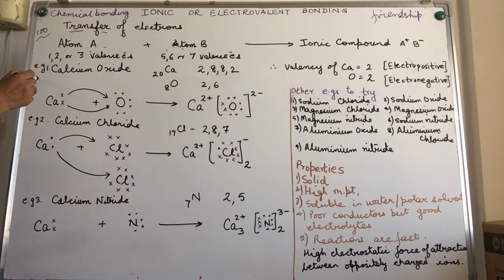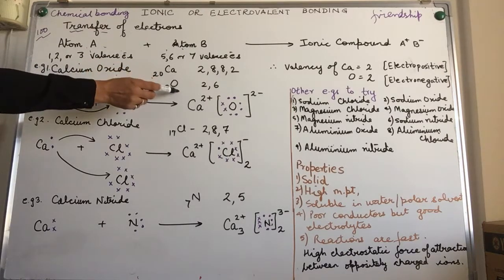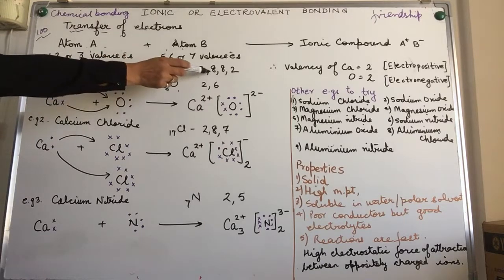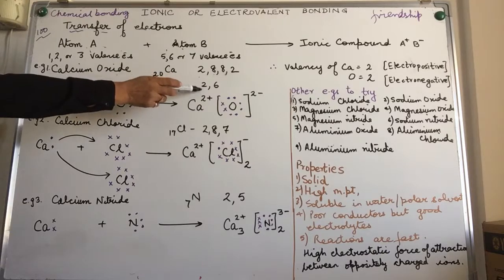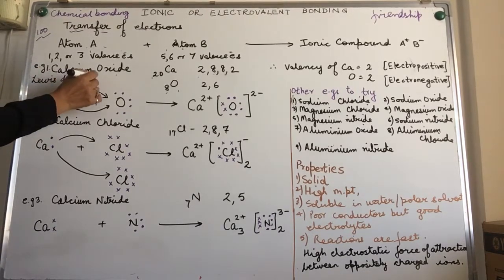Now, we are taking a very simple example to explain electrovalent or ionic bond. Calcium oxide. Calcium atomic number 20, oxygen atomic number 8. Electronic configuration 2, 8, 8 and 2. Oxygen 2 and 6. Here the representation that I have used is what we call as the Lewis dot diagram.